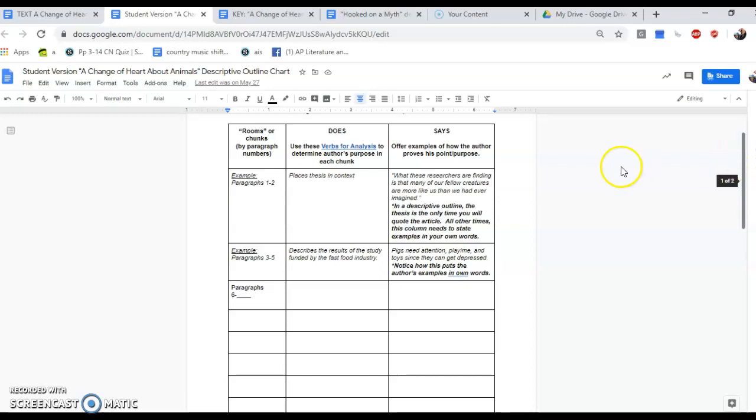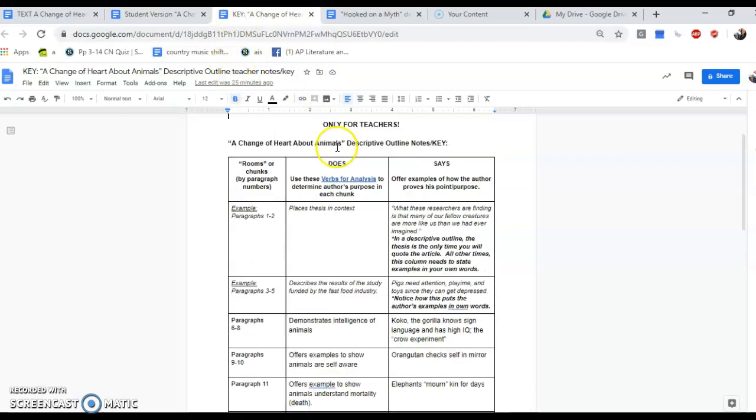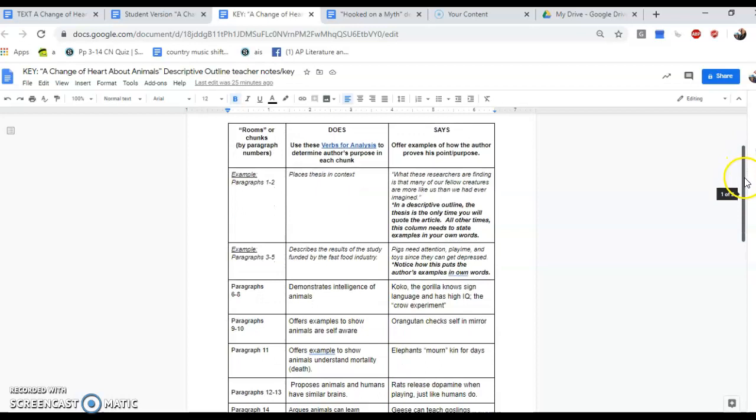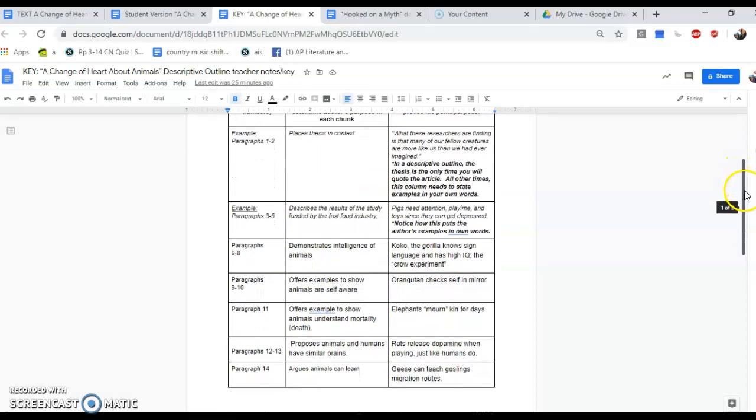So I'm going to now review this with you by taking a look here. So these first two were already done as an example for you. So I want you to see first how I divided the paragraphs.